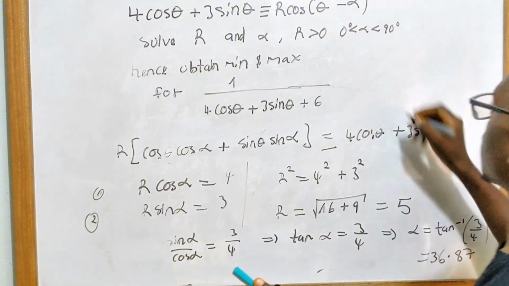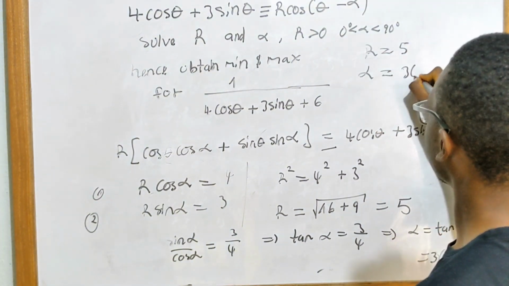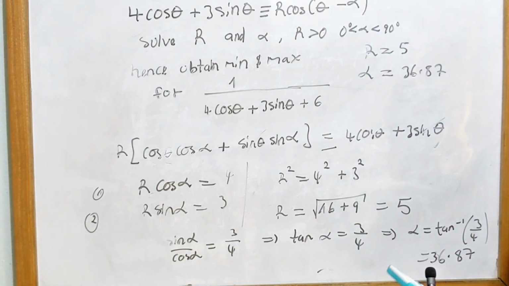That is the answer for alpha. Therefore, r equals 5 and alpha equals 36.87. The answer is correct since it's in the range from 0 to 90.